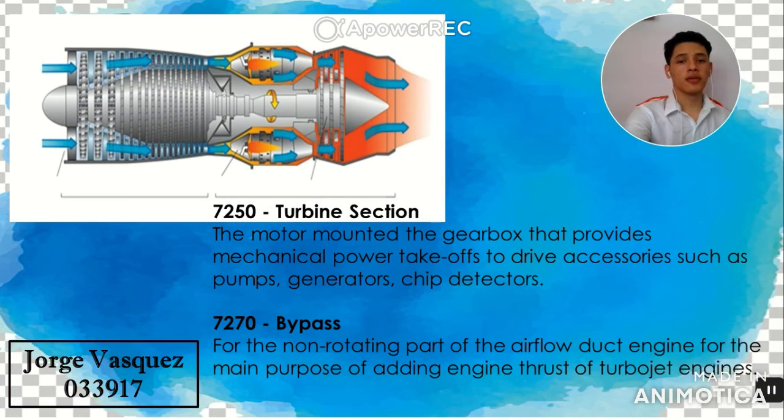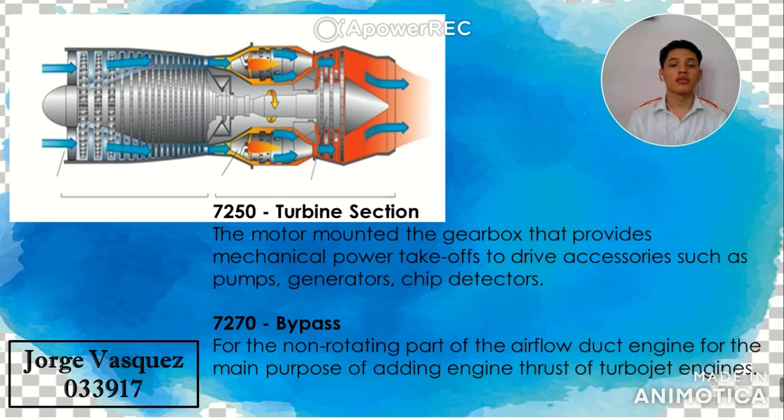The 72-50, the turbine section. This is the engine section that contains the turbine, disc, and nozzles, and the associated case. The 72-60, that is the accessory drive unit. The 72-61, that is the engine oil system.